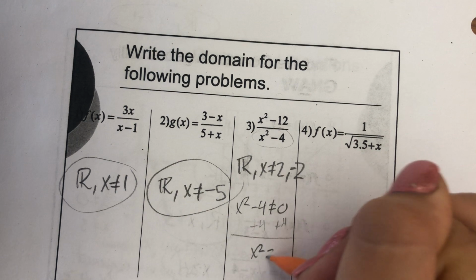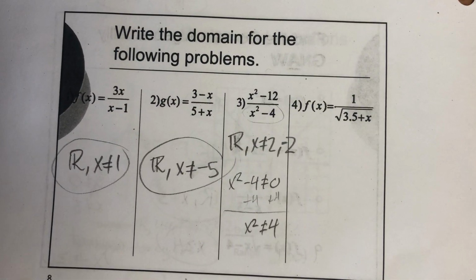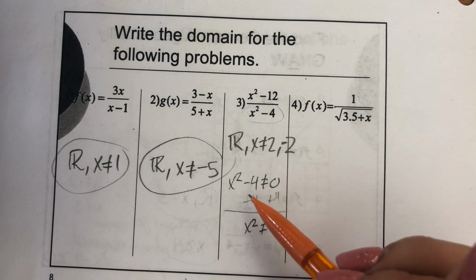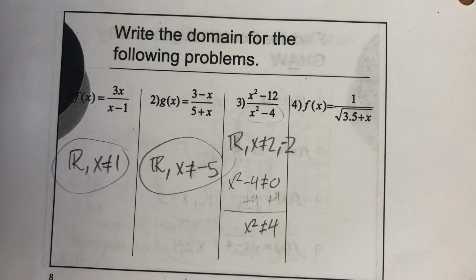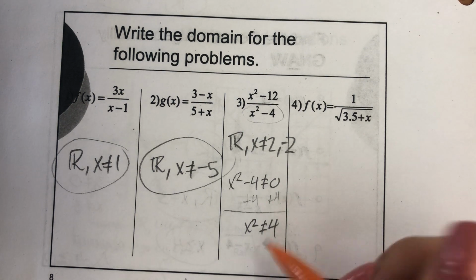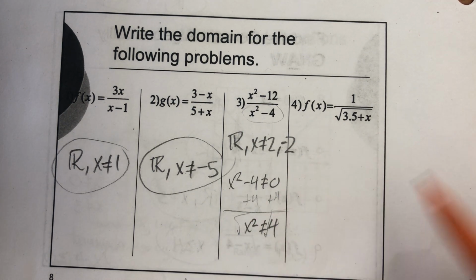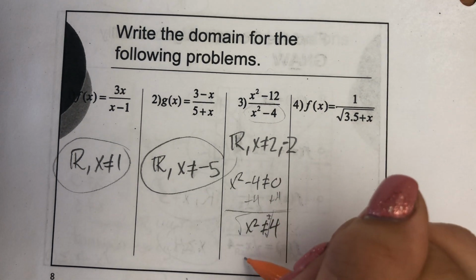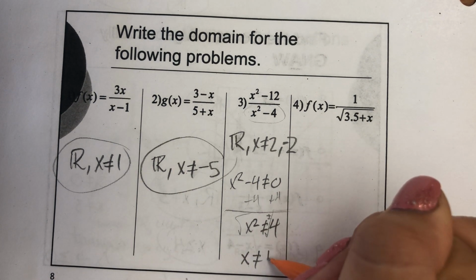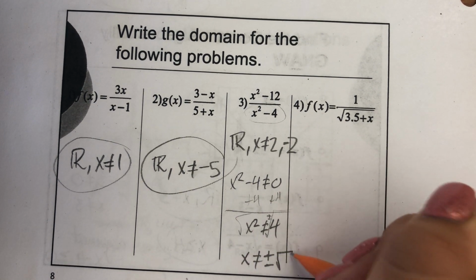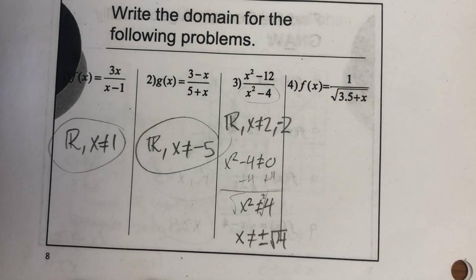So x squared does not equal 4. Now, when you square root both sides, this is method 1 of solving, is I just isolate x using inverse operations. When I square root both sides, I must always add a plus or minus. X cannot equal plus or minus the square root of 4, okay?